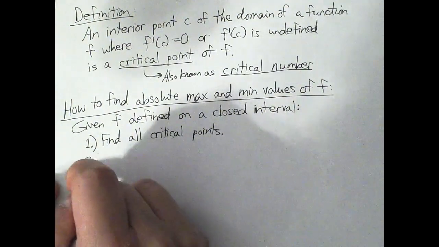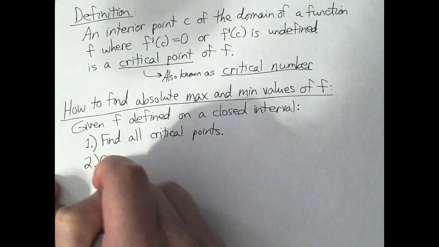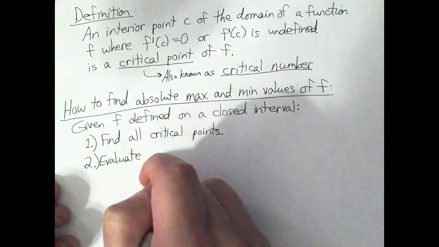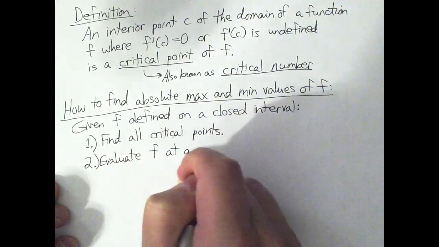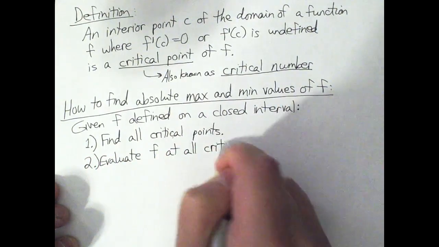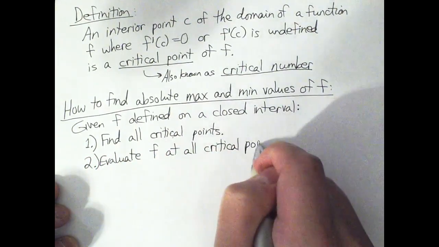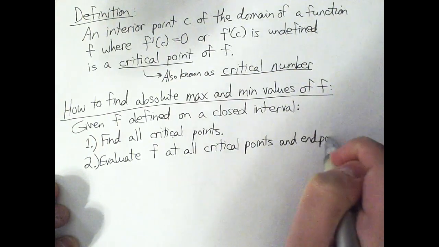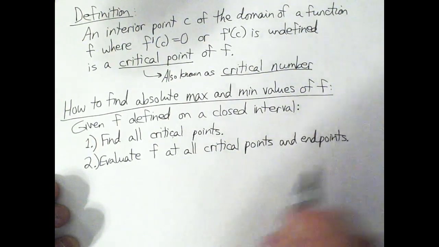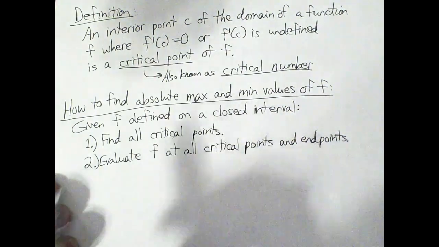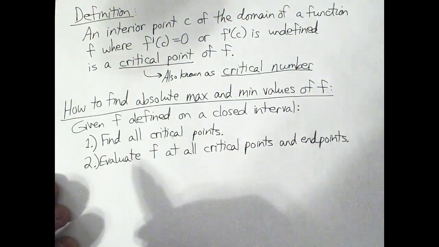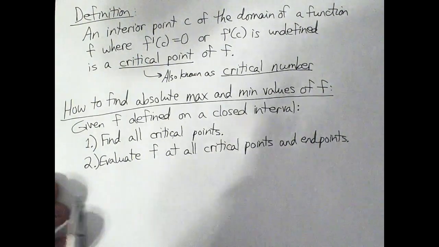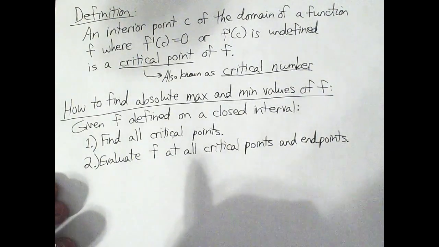Okay. Step 2, evaluate f at all critical points and endpoints. When I say endpoints, I mean the endpoints of the domain. The domain is a closed interval. It could be square bracket 1 comma 6, square bracket.